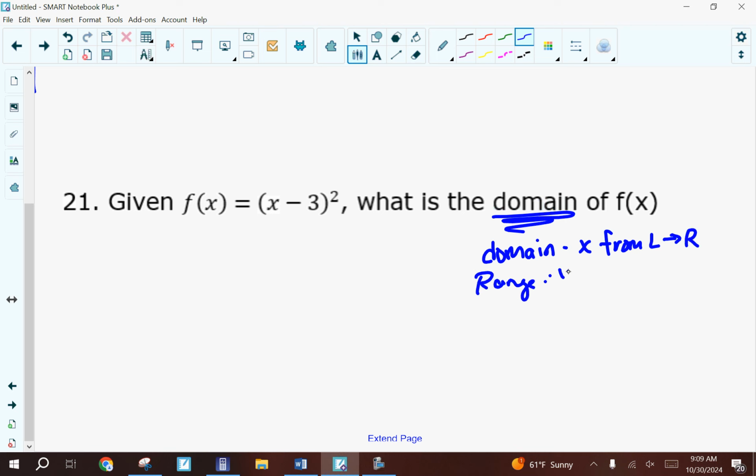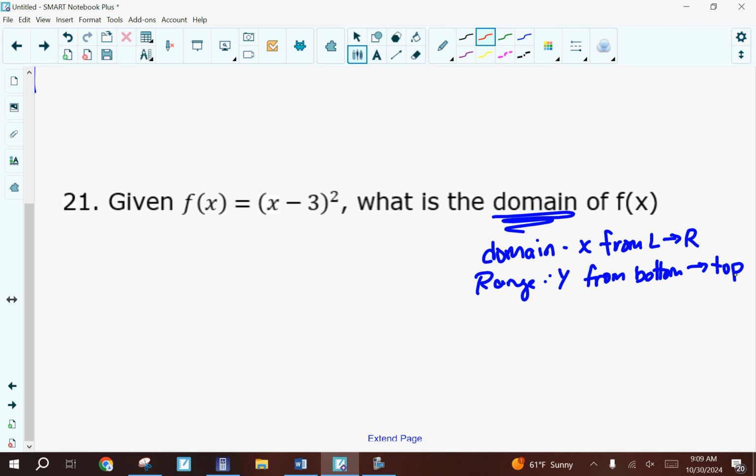So range is the y values from the bottom to the top. The reason they have to go like this is because the answer has to be in order. So the x-axis, from left to right, is smallest to biggest, and the y-axis from bottom to top is smallest to biggest.